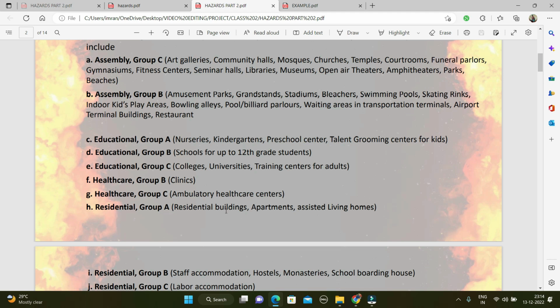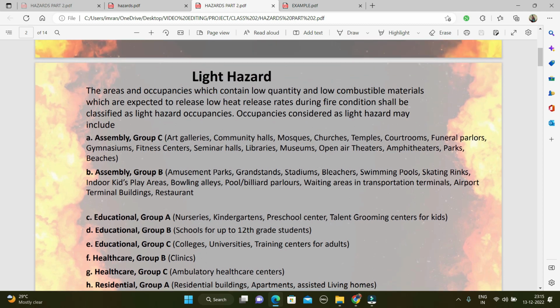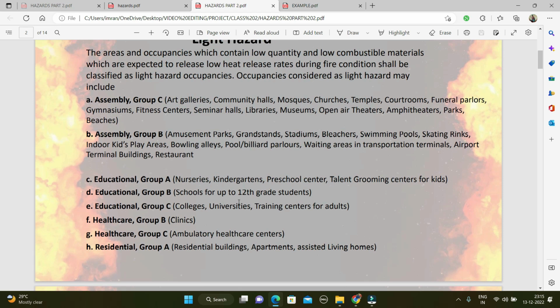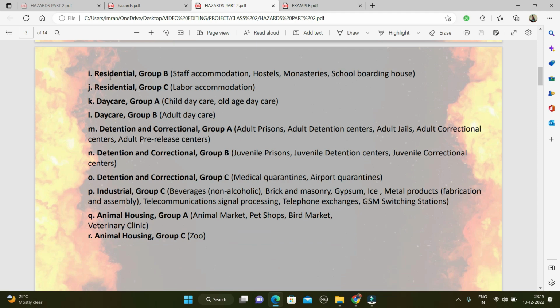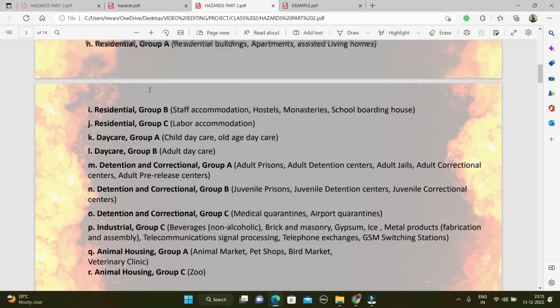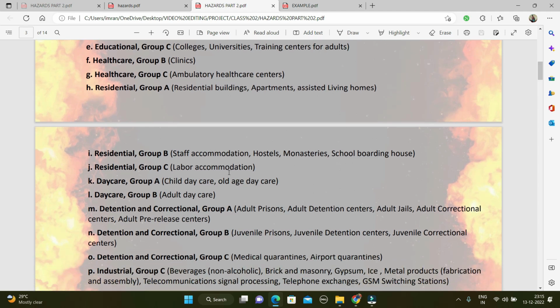Also residential, this one is very important, because we generally get projects to design residential, commercial or industrial. So residential like apartments or residential buildings also come in light hazard. If we go through this properly, then we will not hesitate about light hazards. Light hazards is also divided here into residential group B, group C.